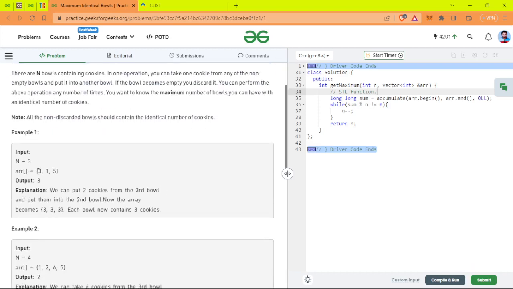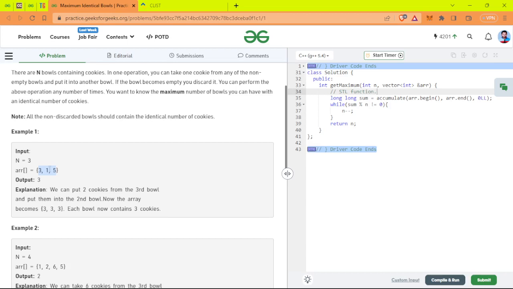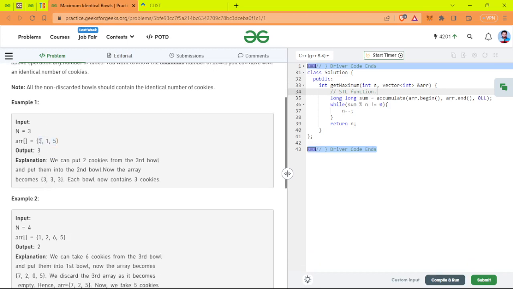Okay. So here if you see in this array 3 1 5 we are given three elements. The first ball contains three cookies, the second one contains one cookie, the third one contains five cookies. So the total amount of cookies present is 9, and since we are having three balls, we can make operations one by one.